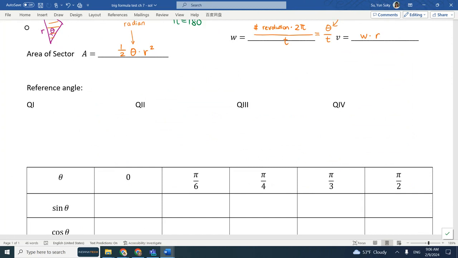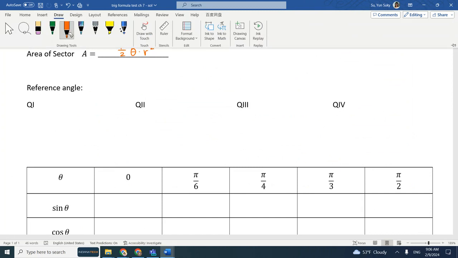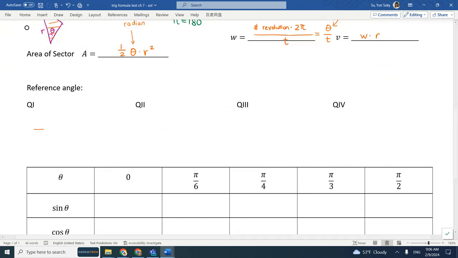Okay. All right, so reference angle. We draw the picture, then we can find the reference angle. Right, so quadrant 1. We have x, y, and the origin. So let's say this is quadrant 1, and that's t.